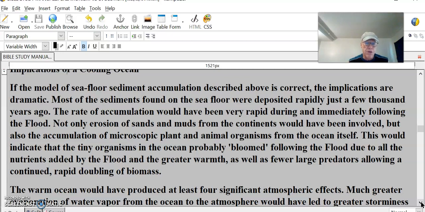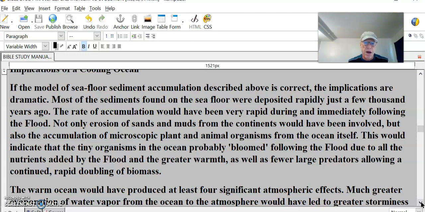People grow, animals grow, things grow tremendously larger. And that's why we see in the fossil record, according to the evolutionists, much larger species in the past. We're getting smaller and smaller and fewer. Things are devolving, not evolving. So the rate of accumulation would have been very rapid during and immediately following the flood.